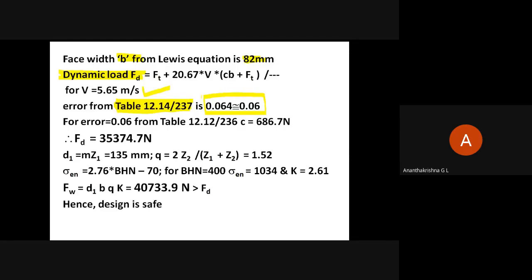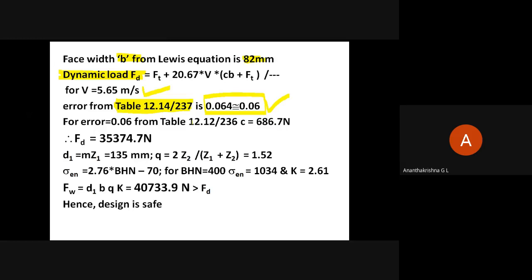For 6, what is the value of the error? 0.059, 0.06. No, sir, 0.0590. Yeah, 0.059. I have taken it as 0.06. Why? I will tell you.